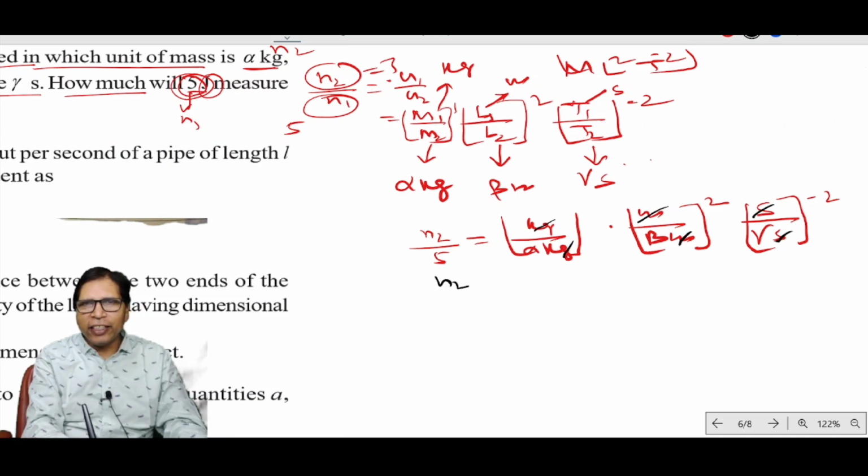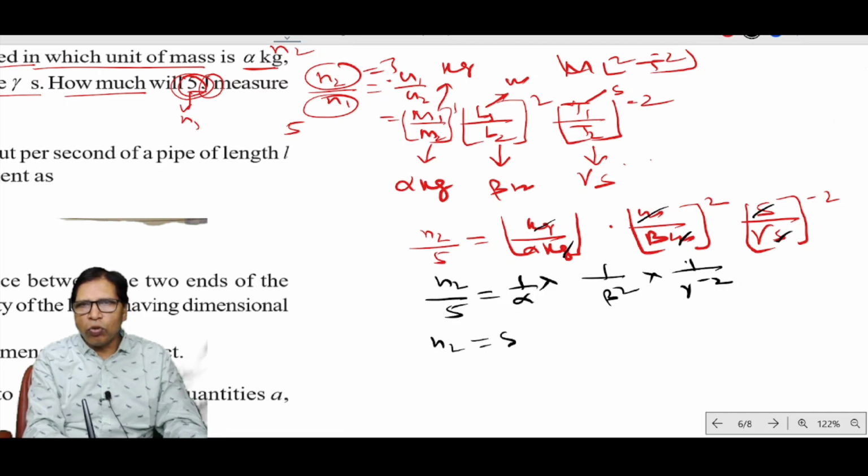So N2 by 5 is 1 by alpha, into 1 by beta square, into 1 by gamma to the power minus 2. So N2 equals 5 into alpha to the power minus 1, beta to the power minus 2, and gamma square.